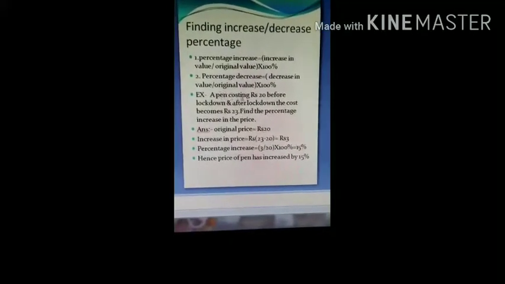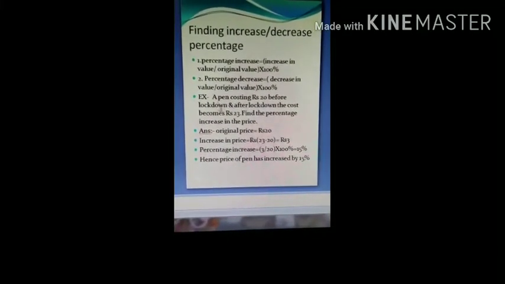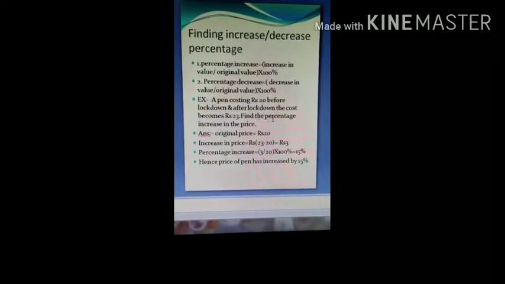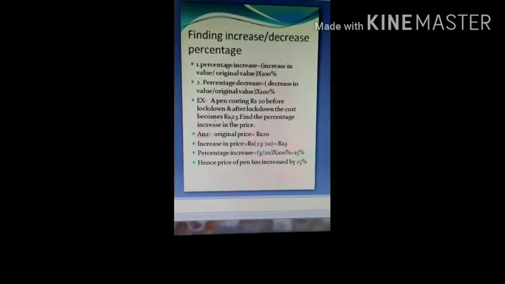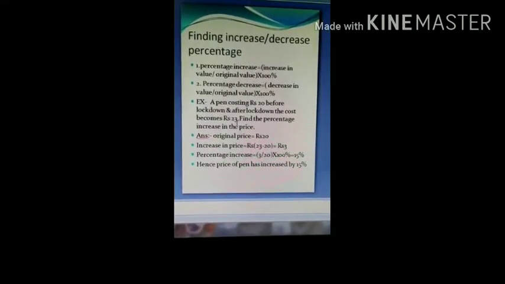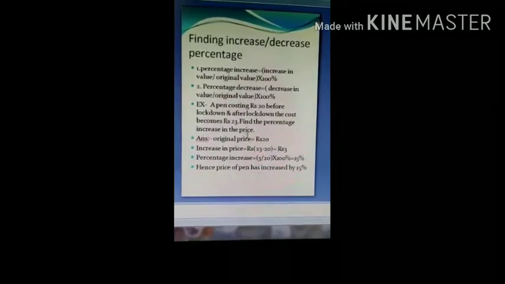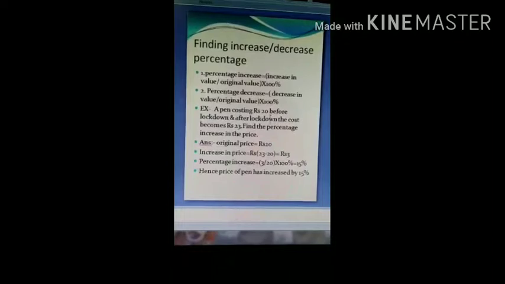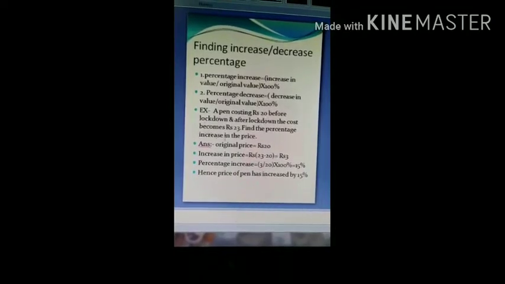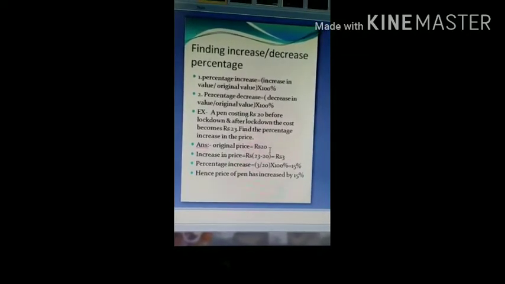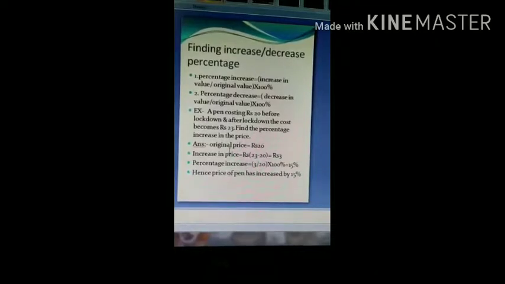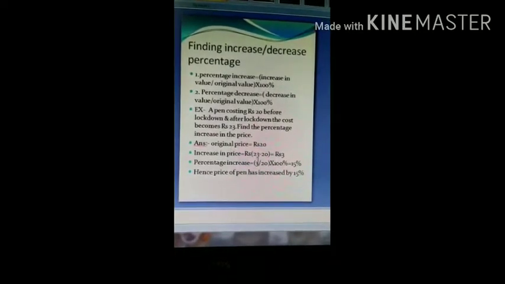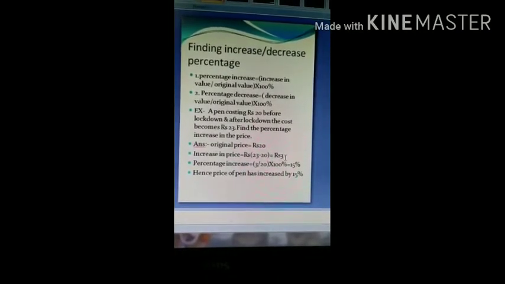Example: a pen costing rupees 20 before lockdown, and after the lockdown period the cost becomes rupees 23. Find the percentage increase in the price of the pen. Here we see that the initial or original price is rupees 20. So the price increases by rupees 23 minus 20, that is rupees 3.